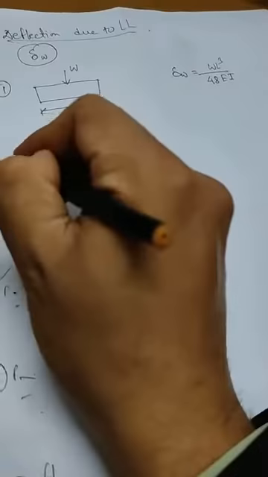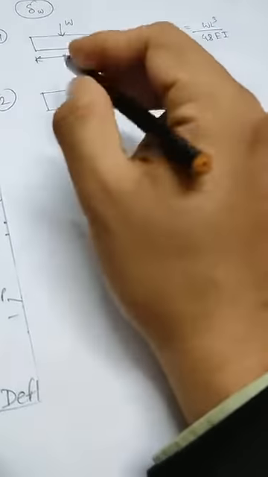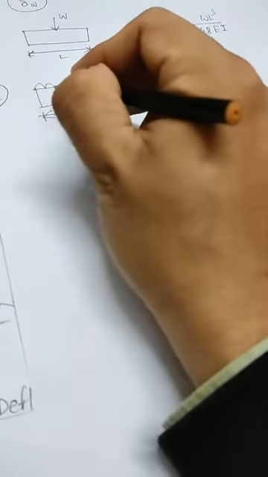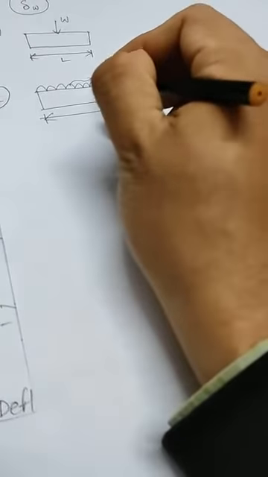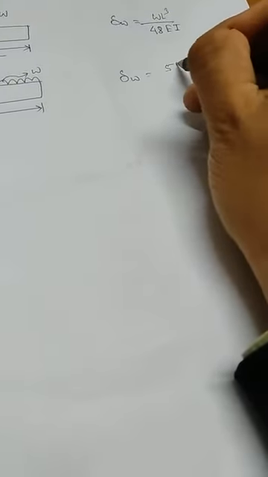Okay, and in the next scenario, if there is a UDL, the beam nature is the same but the loading condition is not a point load but a UDL, and the value of the UDL is W, then del W would be nothing but as per your dead load formula, 5WL to the power 4 by 384 EI.